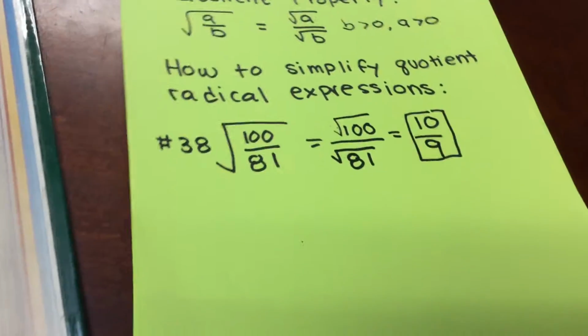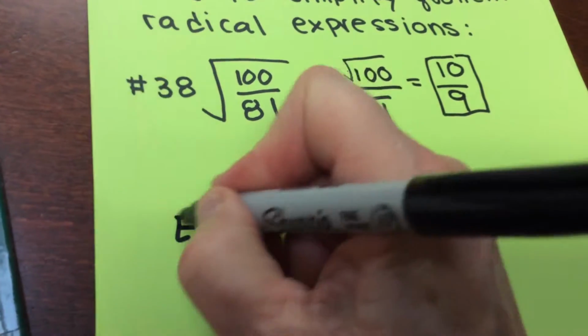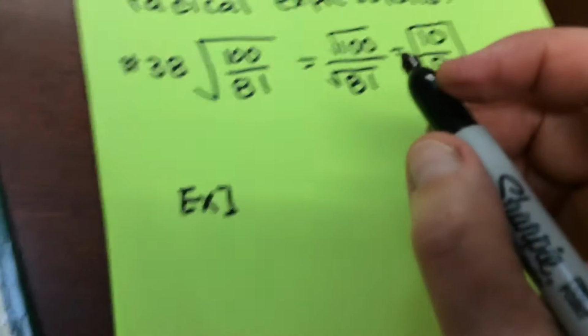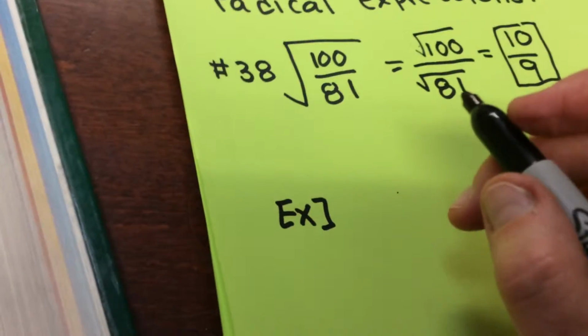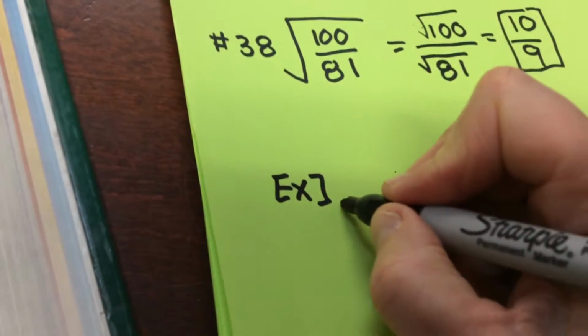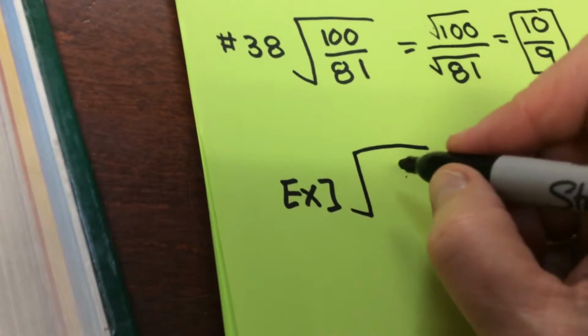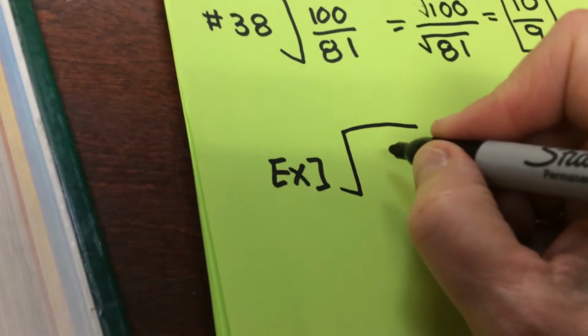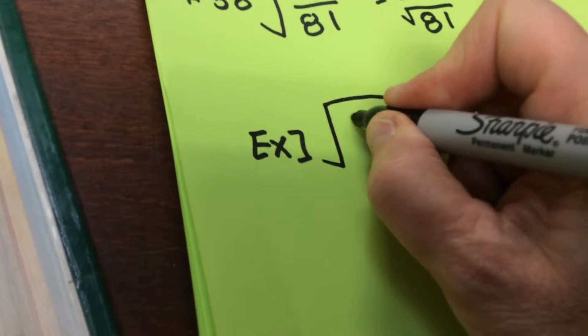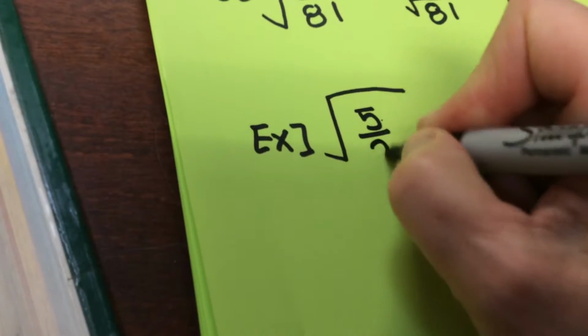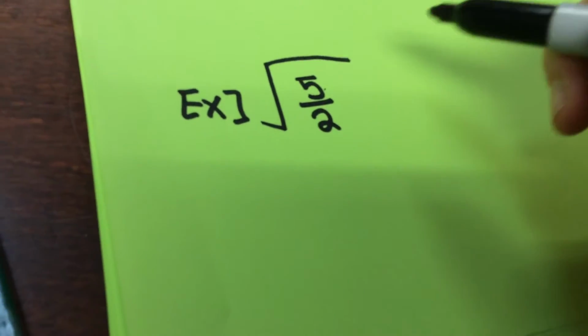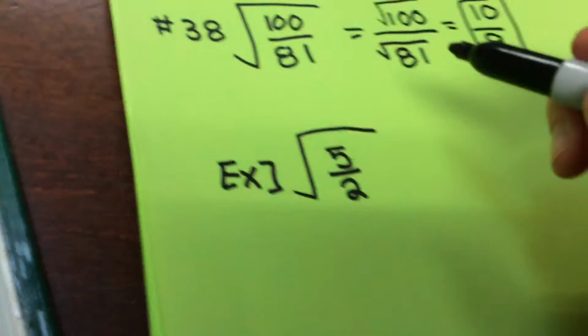But let's look at another example. And this will just be a regular example. It is not one of your homework problems. So let's go ahead and take a look at the square root of 5 divided by 2. Well, this here is going to bring up a little bit of a problem, but let's take a look at it.